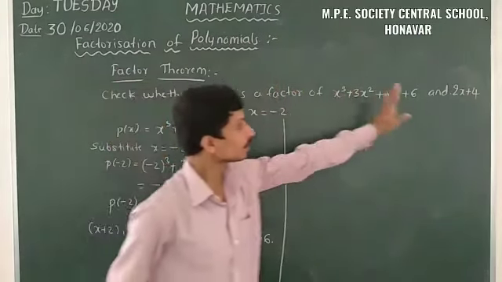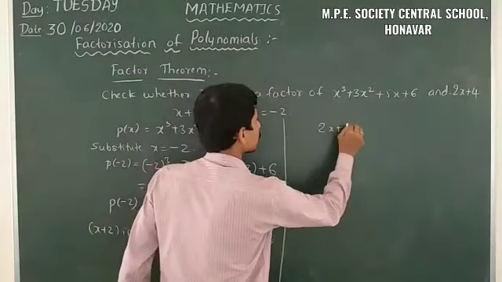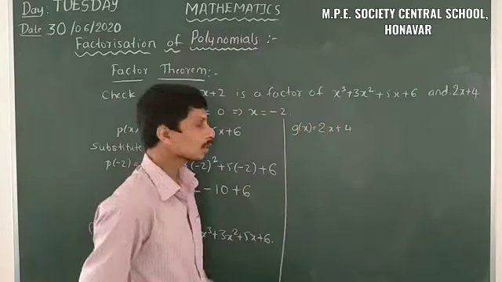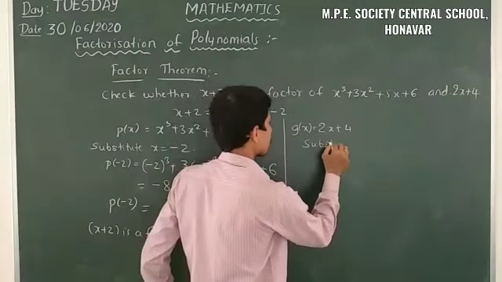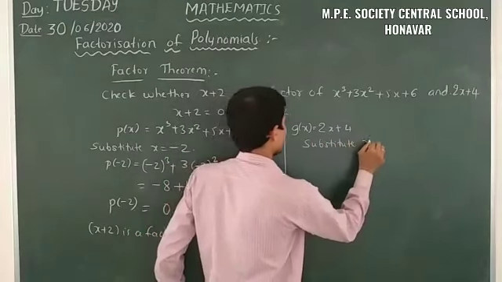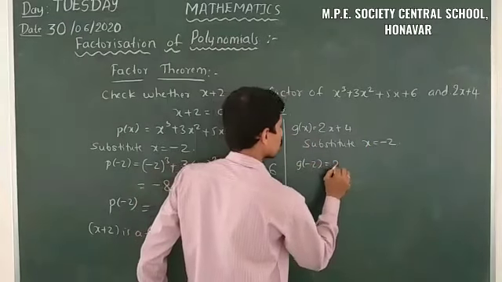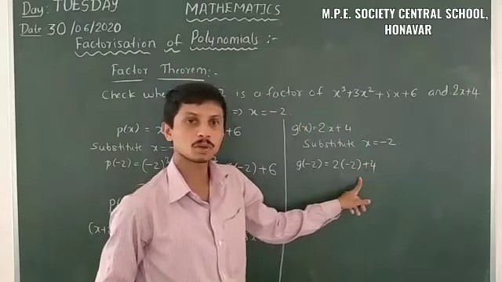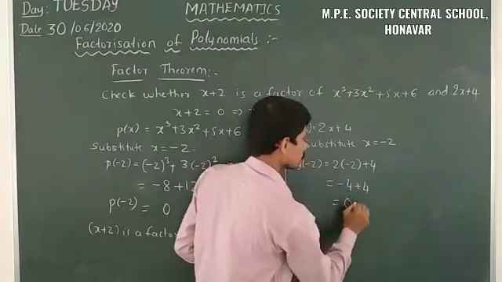We have to check for 2x plus 4 here. So 2x plus 4, I will take it as g of x. Then substitute x equal to minus 2: g of minus 2 is equal to 2 into minus 2 plus 4. 2 into 2 is 4, minus 4 is there, minus 4 plus 4 is equal to 0.